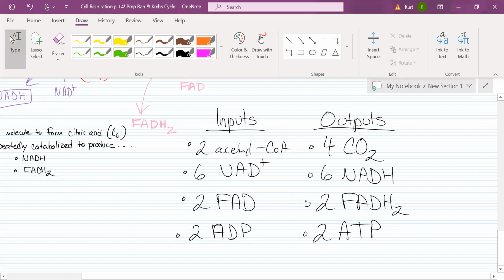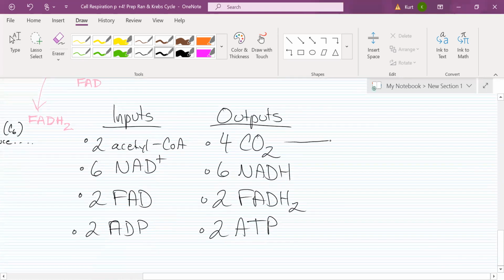Okay. What does your body do with the carbon dioxide? It's released into the atmosphere. You exhale it. It goes to your bloodstream. It then diffuses into your lungs and out of your body. What are your cells going to do with the NADH and the FADH2? Where?